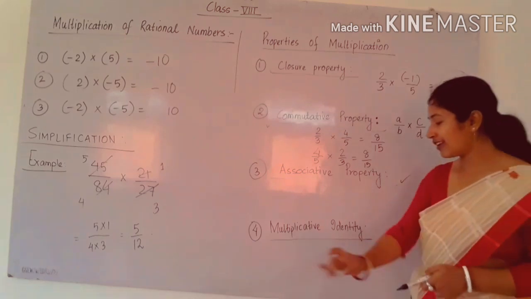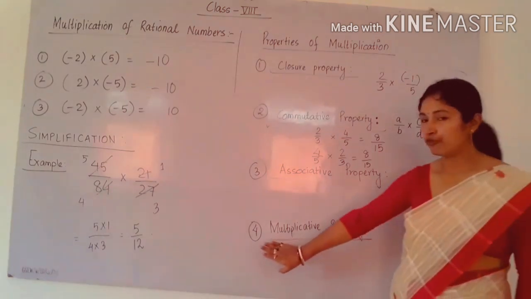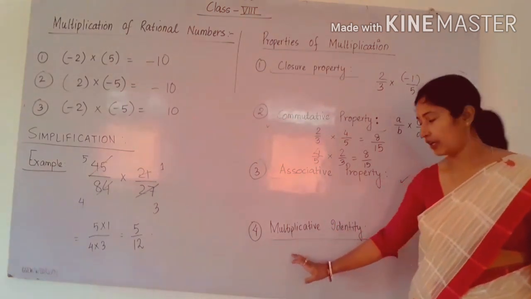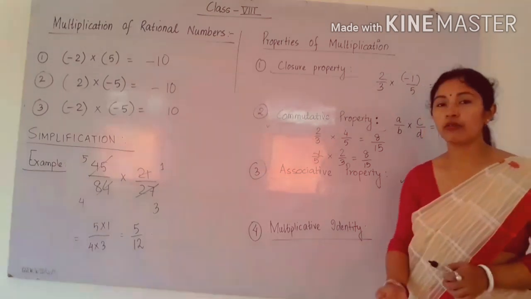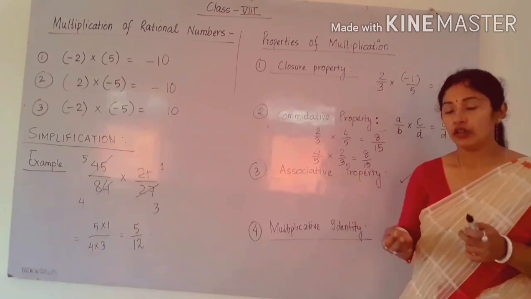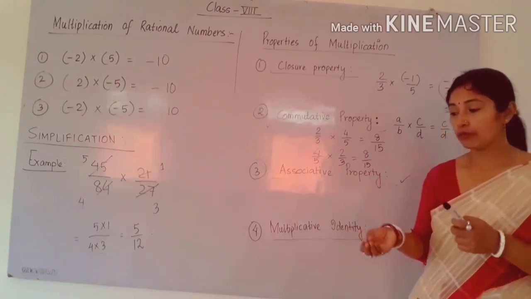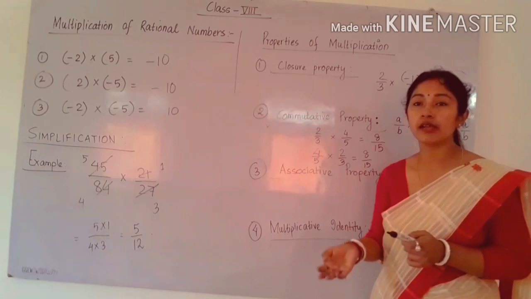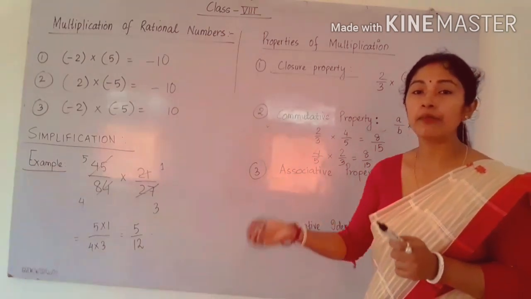Next is the multiplicative identity. Multiplicative, as you all know, means you have to multiply. Identity means the answer will be the same. That means what is the number which we multiply with a rational number, then we will get the same rational number?